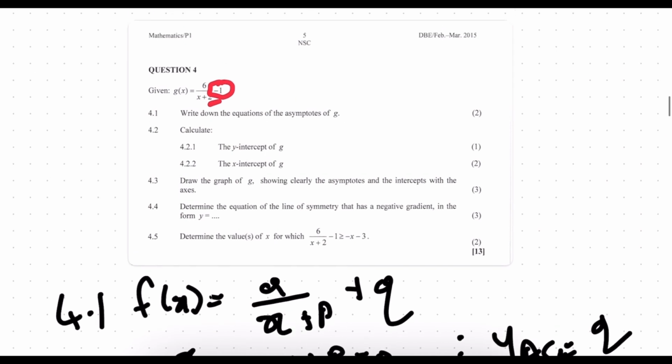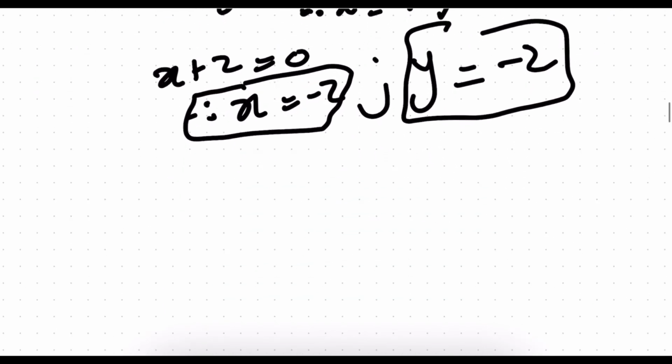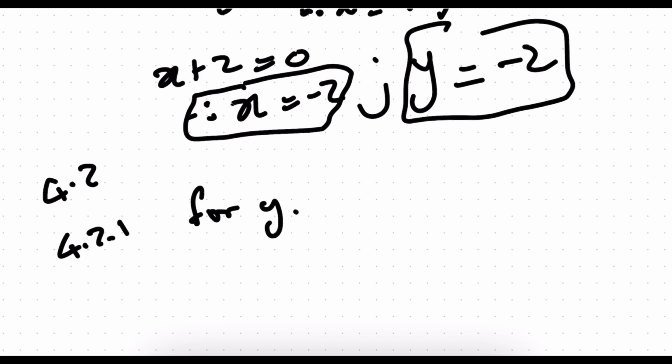Calculate the y-intercept and x-intercept. Okay, let's go to 4.2. Let me write nicely beneath that one. So it'll be 4.2.1. For the y-intercept, you let x be equal to 0.